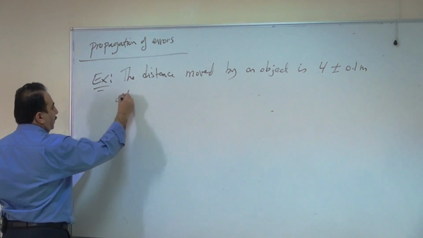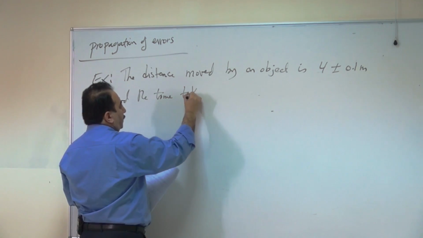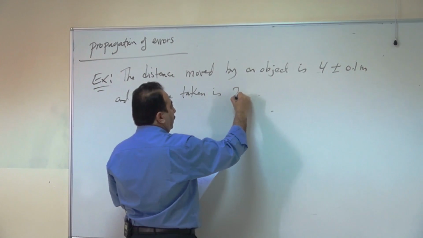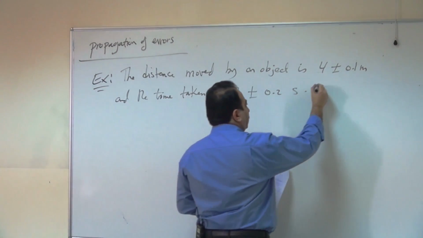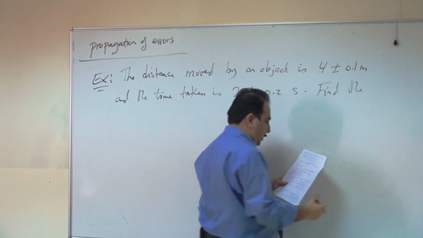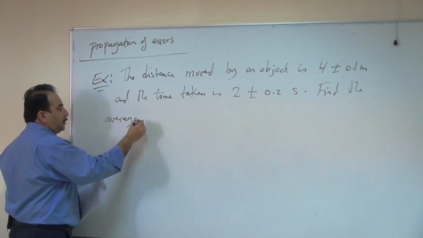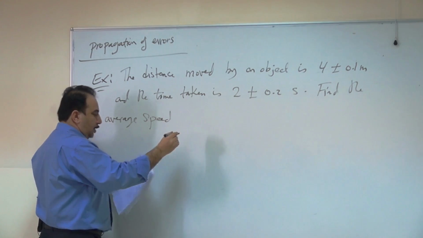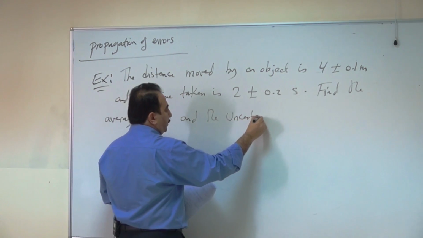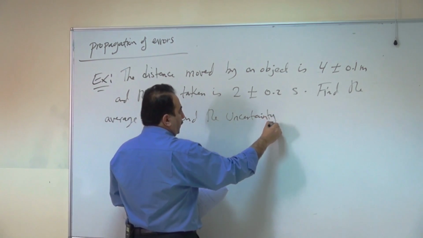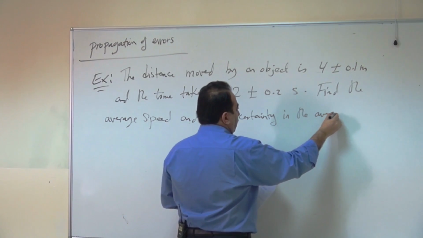And the time taken is 2 plus minus 0.2 seconds. Find the average speed and the uncertainty in the average speed.